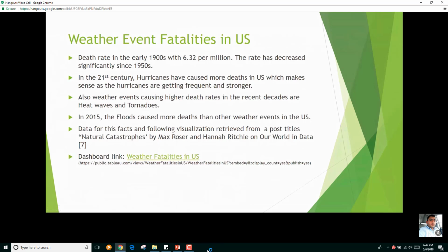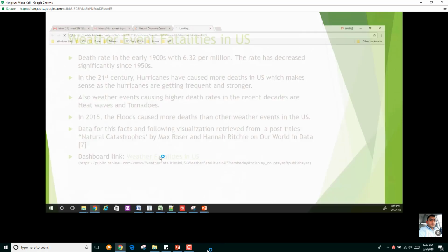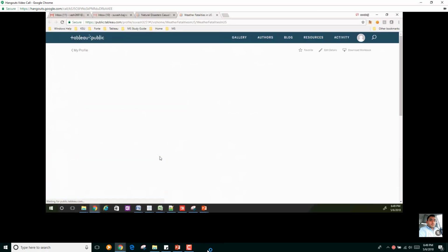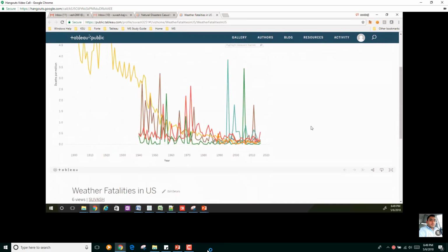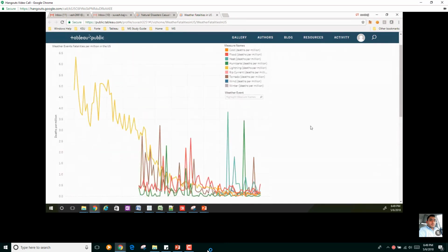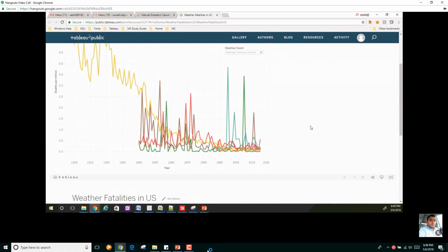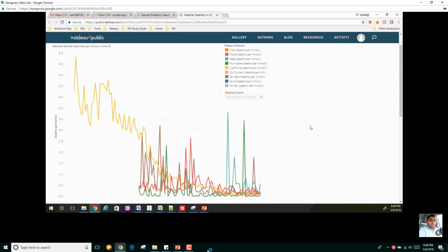So here we had some data in the US, the weather events, which included hurricanes and tornadoes, flooding, earthquake, things like that. So there's nothing much to work around with this data, so I put them all together here.